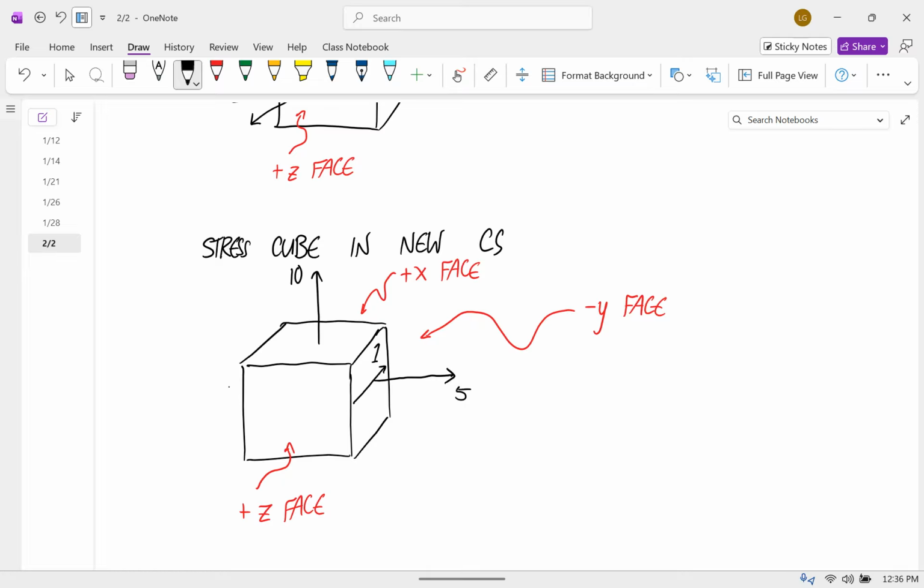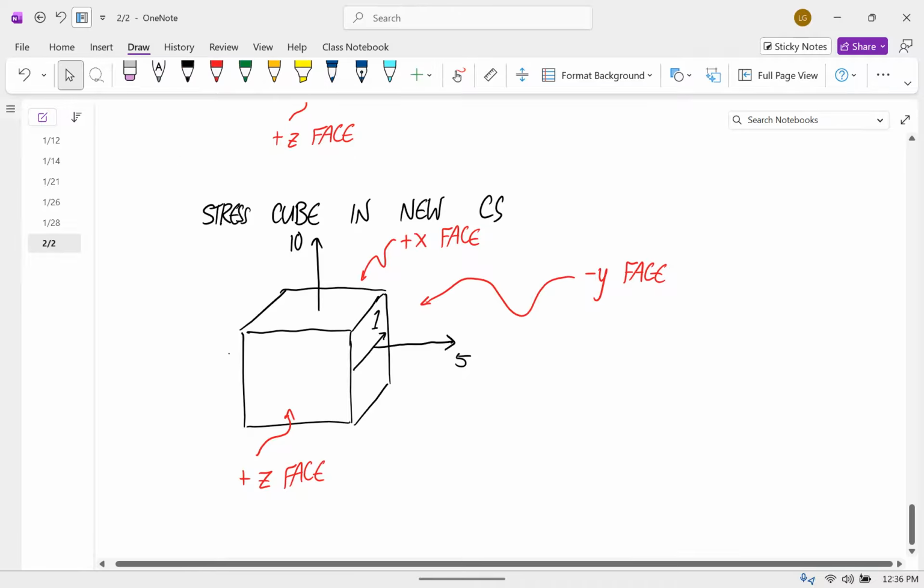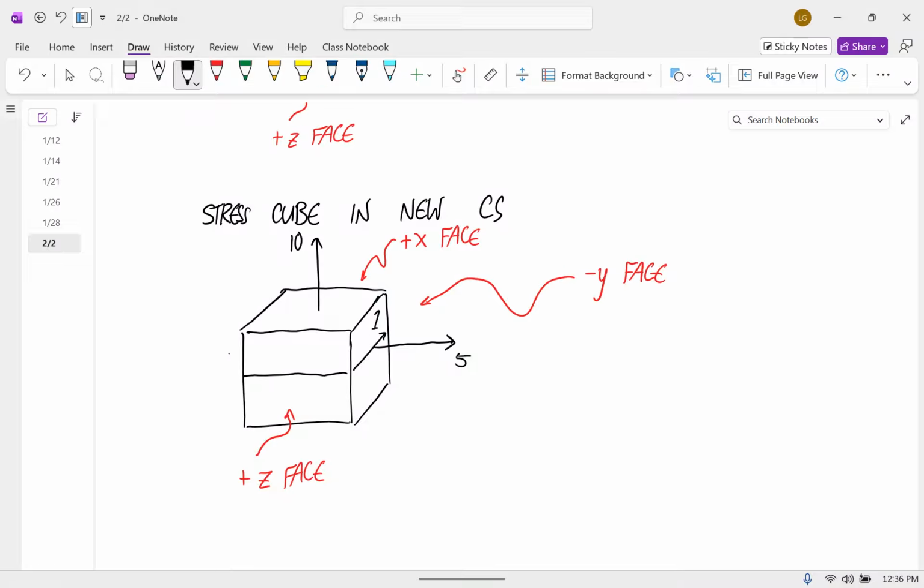And now we go to the Z face, and all we have is 1 in the positive Y direction. Positive Y is to the left now. And 2 in the positive Z direction.